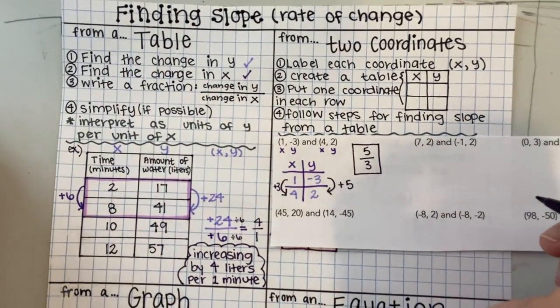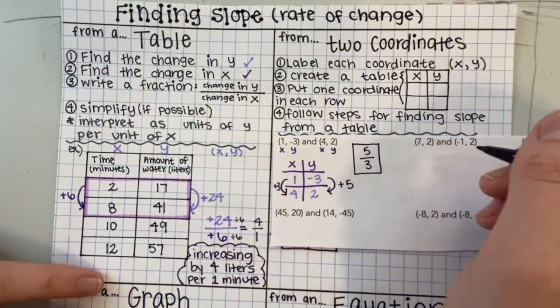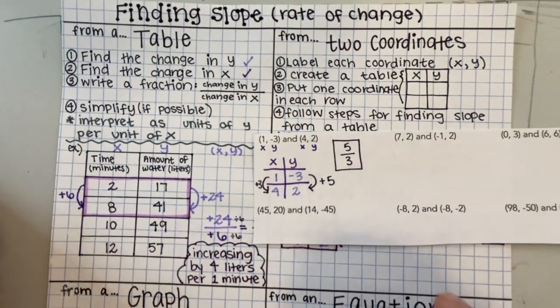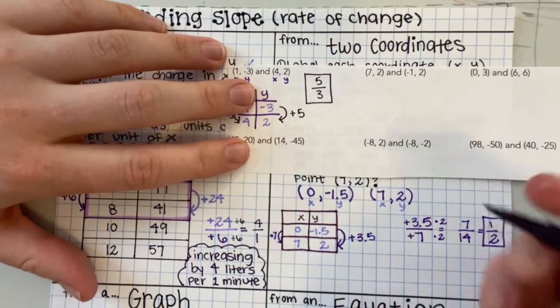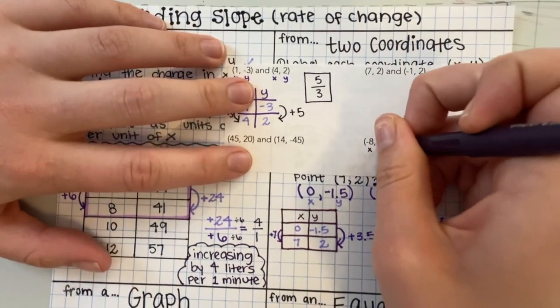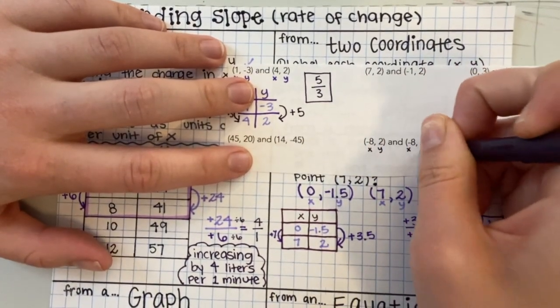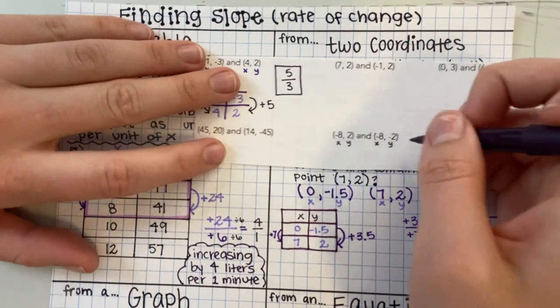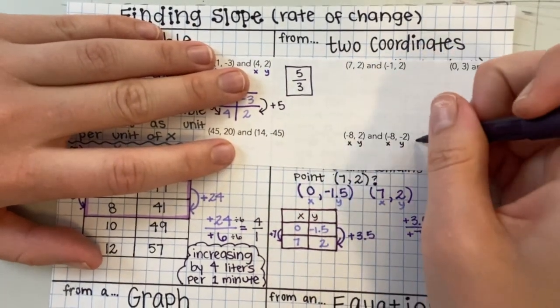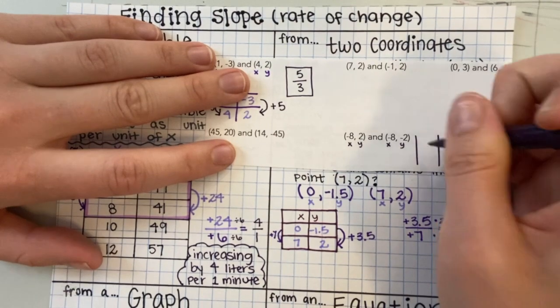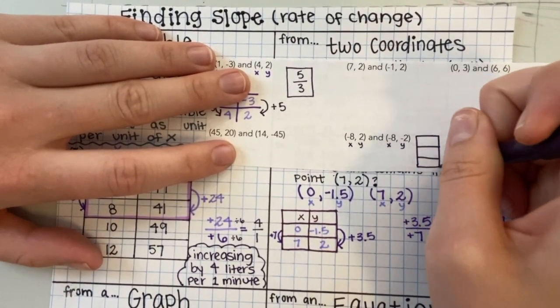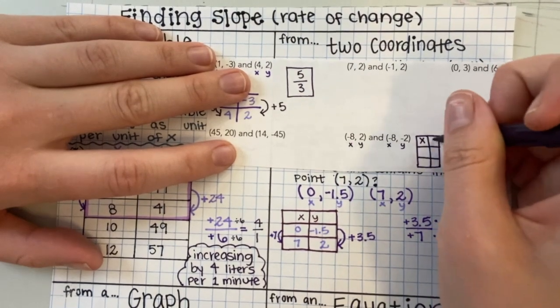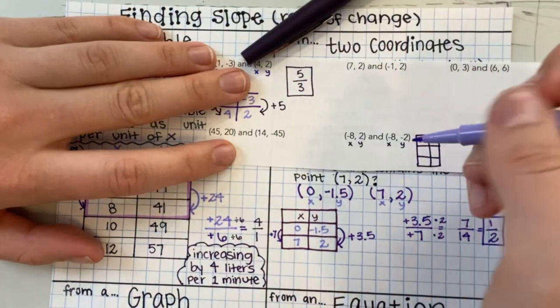So we actually have time for one more. I really like this one, but not as much as I like this one. So let's label this x, y, x, y. I'm going to draw my table. Sorry, it's going to be kind of tiny.